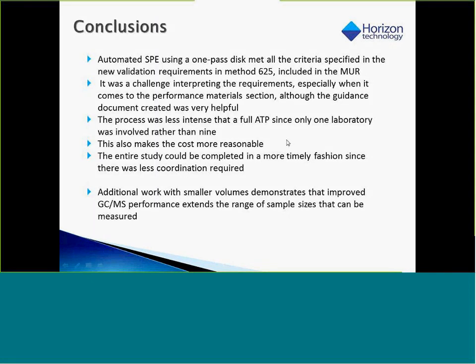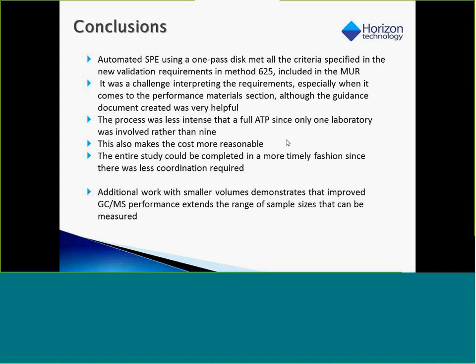So in conclusion on that, automated solid phase extraction using a one-pass disk met all the criteria specified in the new validation requirements in Method 625 included in the recently passed method update rule. It will challenge interpreting the requirements, especially when it comes to the performance materials section, although the guidance document that EPA created was extremely helpful.